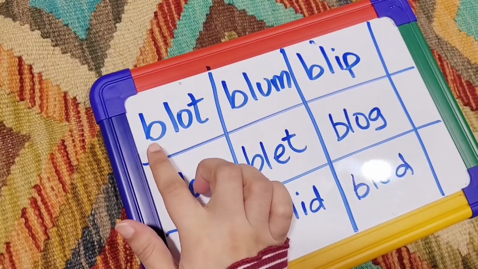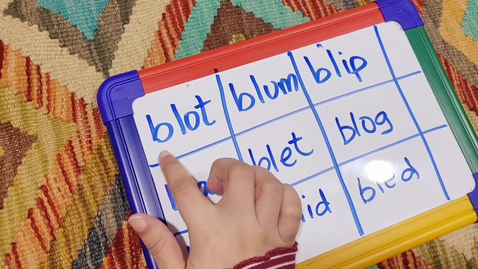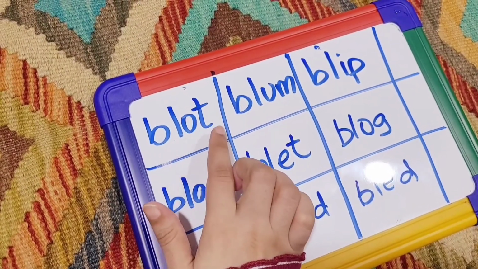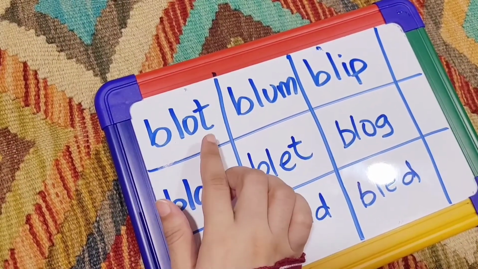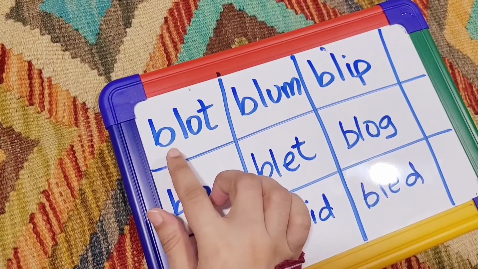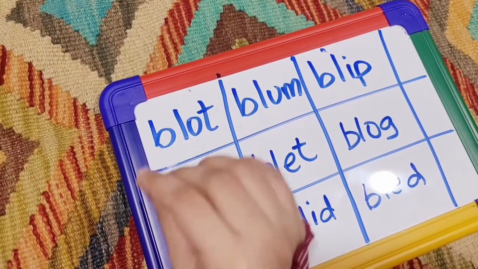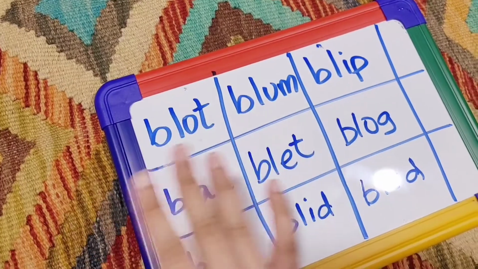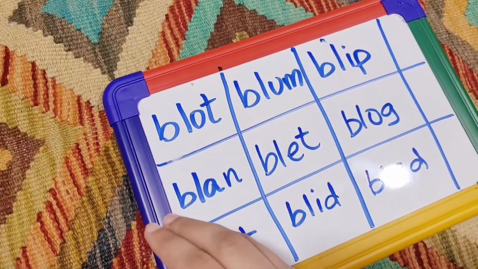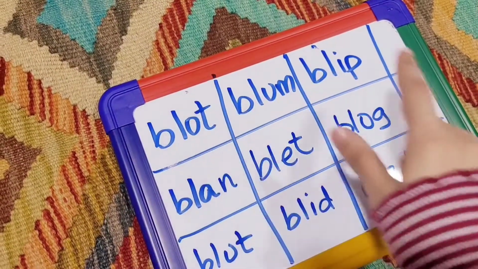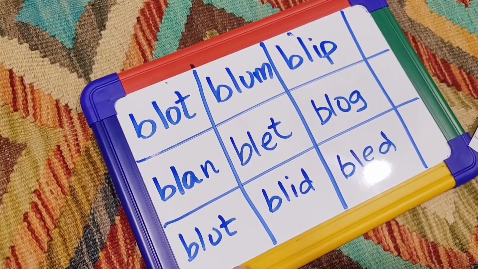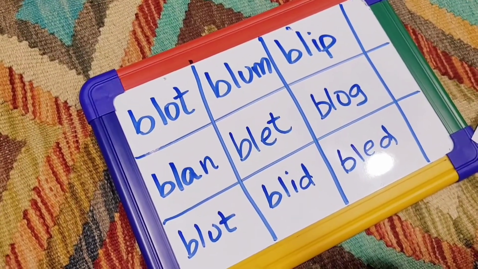You will just help them with bl and the vowel. They need to do this themselves. So if they need help, just give them the bl, and then they have to blend the rest of the word themselves. So just have them read a few words themselves, and then they are ready to move on.